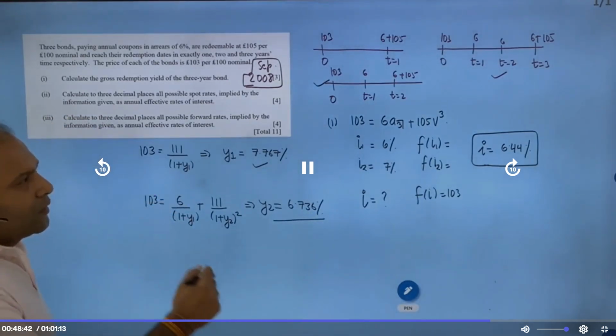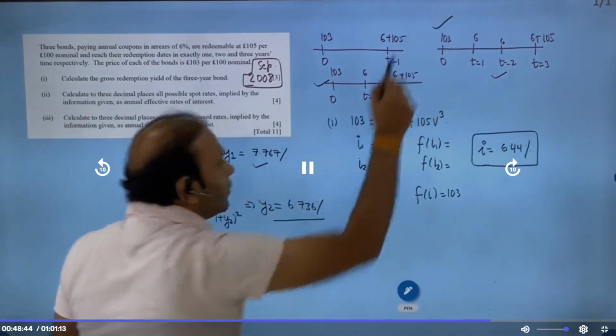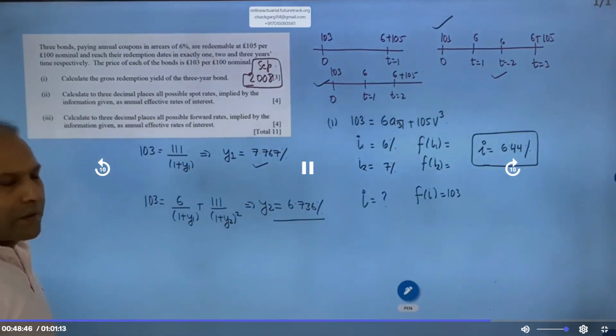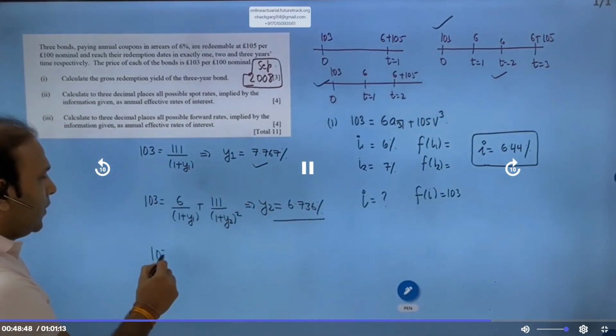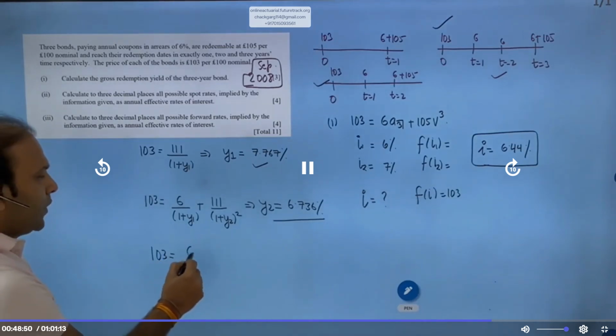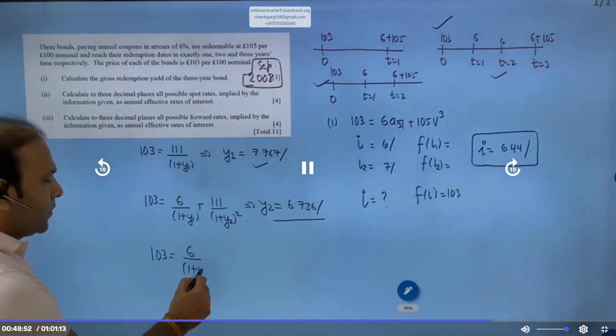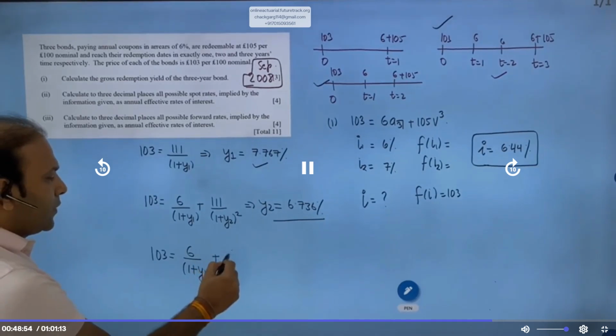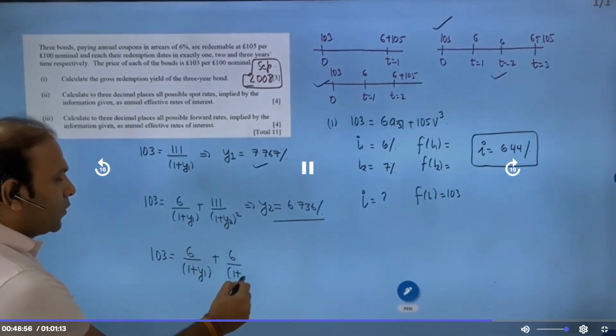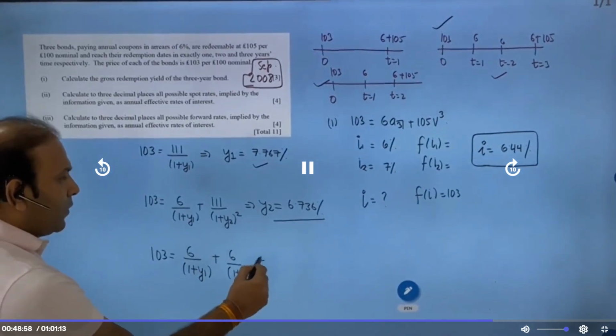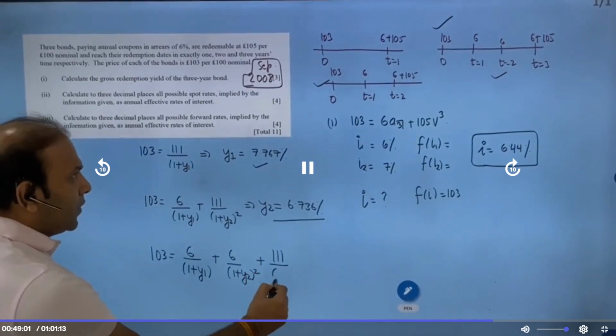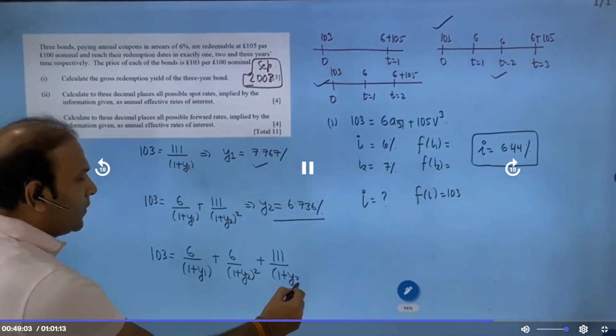Class, similarly, using this equation, we can find the 3 year spot rate. Class, 103 is equivalent to 6 divided by 1 plus y1, plus 6 divided by (1 plus y2) squared, plus 111 divided by (1 plus y3) cubed.